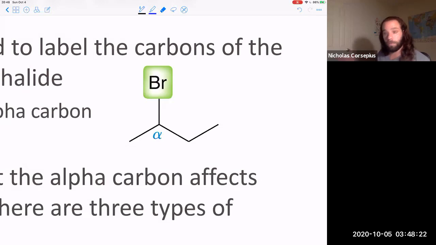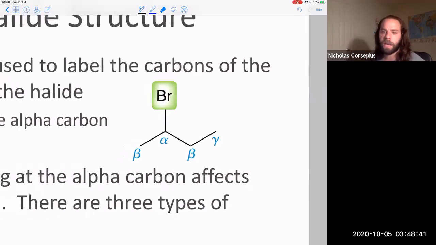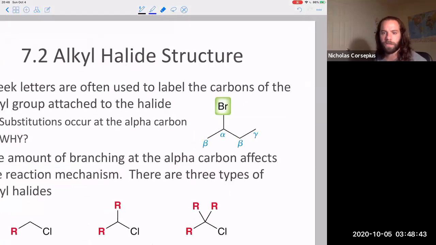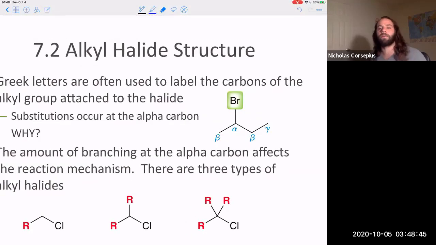If it's one removed from the alpha carbon on either side, it's considered the beta carbon. And so in elimination reactions, the hydrogen is removed from the beta carbon. Okay, so this is just some terminology that we're going to need. And then it keeps on going, the gamma, everything like that, but honestly, those aren't going to be important. So really just being able to identify what the alpha carbon is and what the beta carbon is going to be really important.